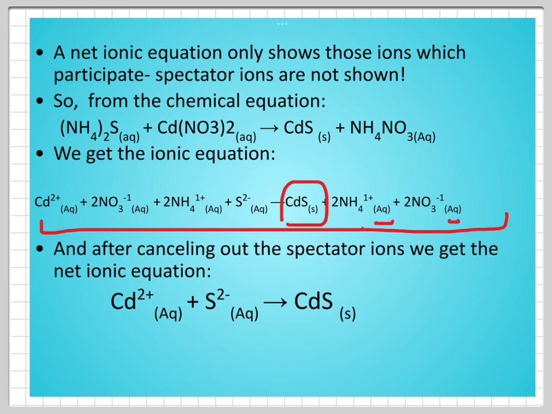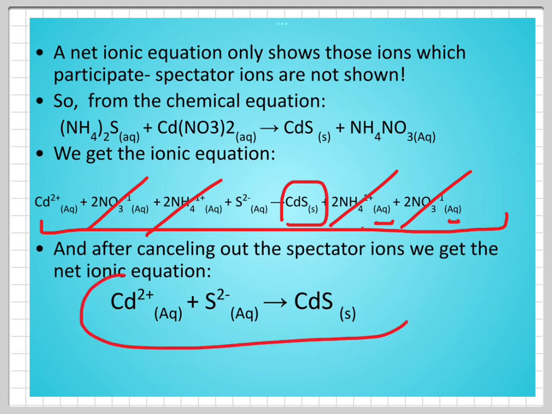We cancel out any ions that are still in aqueous solution on both sides of the equation. What we're left with is a net ionic equation. So we get cadmium 2+ in aqueous solution plus sulfide 2- in aqueous solution gives us solid cadmium sulfide. Let's try one from scratch.